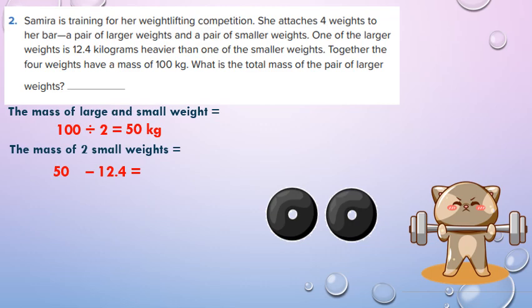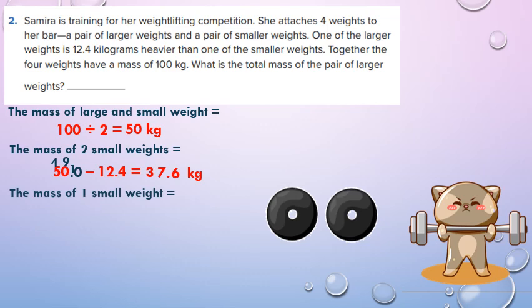We put first 0.0 to complete our subtraction. 0 tenths minus 4 tenths can't be, so the 5 will be 4, and this 0 will be 9, and the 0 in the tenths will be 10. 10 minus 4 equals 6, 9 minus 2 equals 7, 4 minus 1 equals 3. So the two identical small weights equal 37 and 6 tenths kilograms.